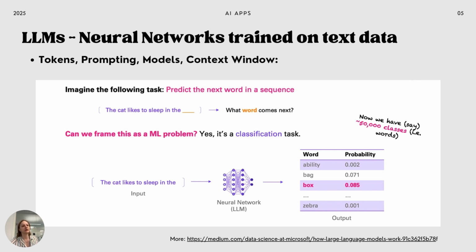I think without understanding at least the basics, it's difficult to come up with an idea of what I can use it for in my app. So here's an example: if we give it the context, the cat likes to sleep in the, and then it fills in box, because most likely this is a sentence that occurred most often in all of the text that it processed on the internet.